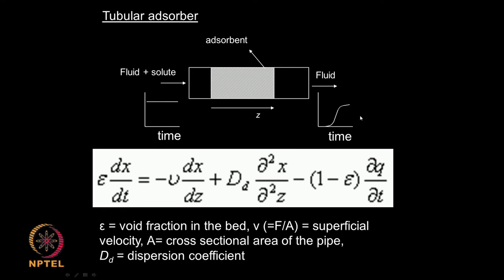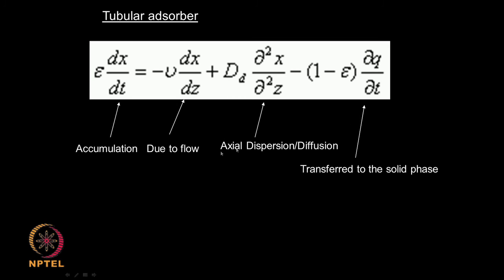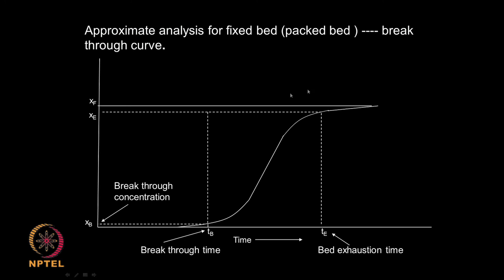Let us not bother too much about this relation, but we will think about this breakthrough. If you look at the equation in more detail, this is called the accumulation term. This is due to flow, this is due to diffusion, and this is due to the transport of the solute from the liquid phase to the solid adsorbent. So this is how the equation is broken down. Let us again not bother.